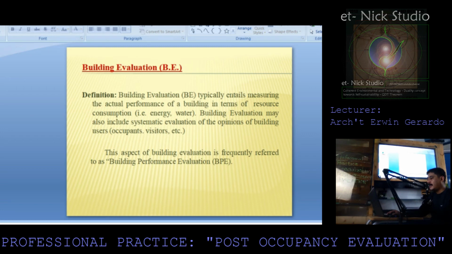Building evaluation may also include systematic evaluation of the opinions of the building users, such as the occupants, visitors, or clients. This aspect of building evaluation is frequently referred to as building performance evaluation, or BPE.